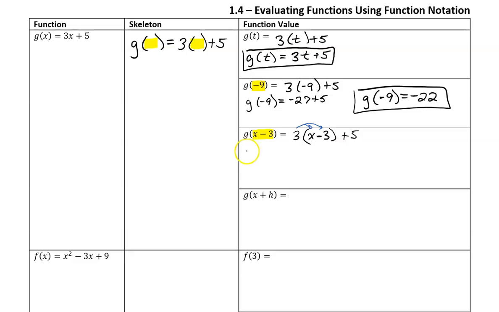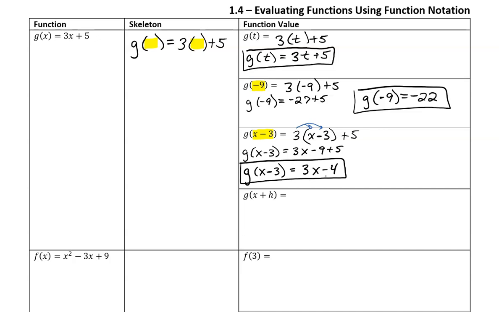Let's actually get rid of them. So order of operations, when I multiply that 3 in, I'm going to have 3x minus 9 plus 5. So we're going to have that the function g of x minus 3 is equal to 3x minus 4. That is our answer.